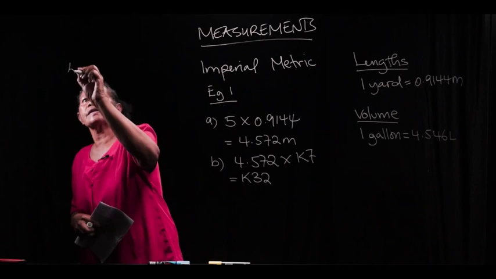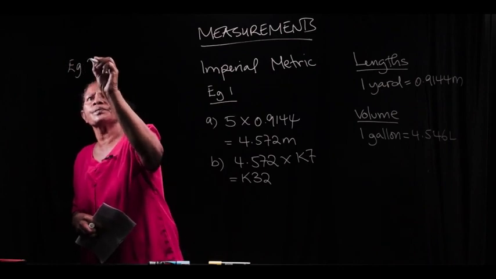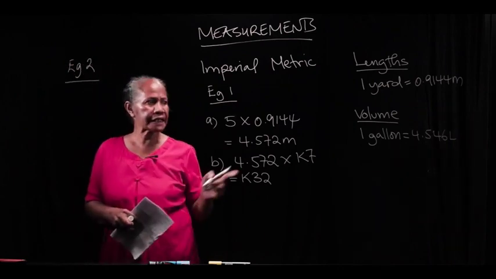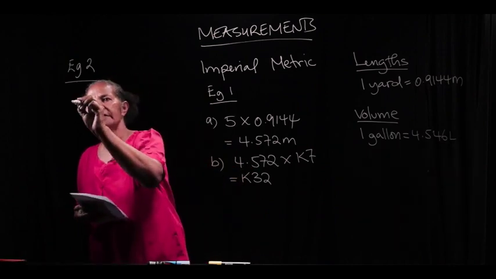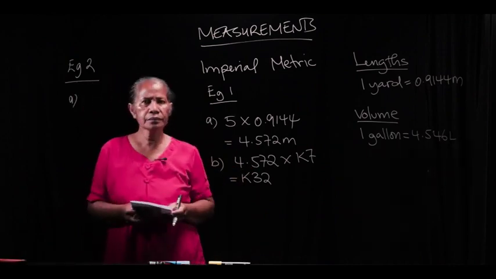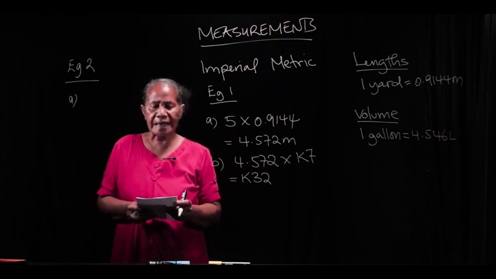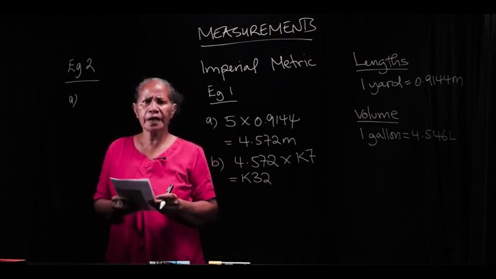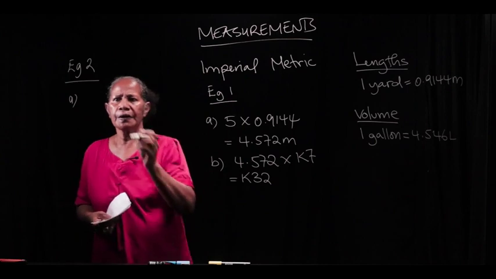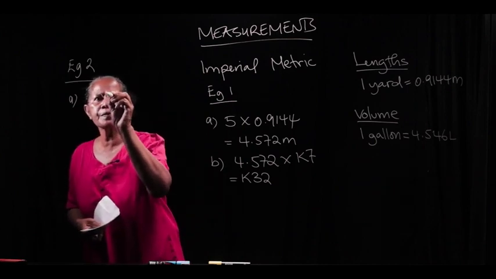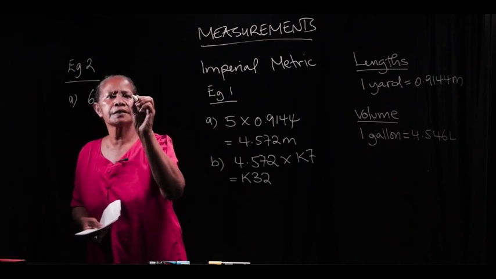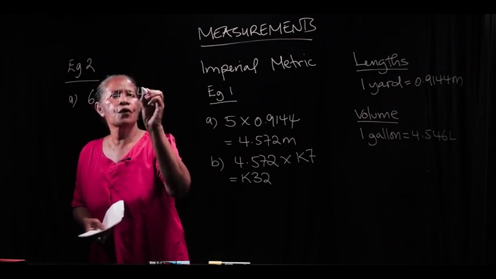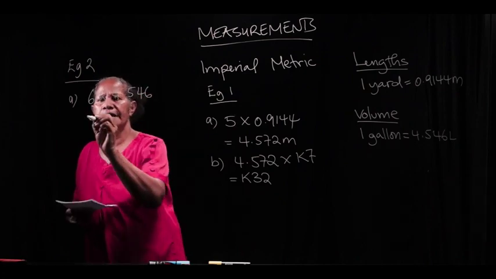So, example number 2, as I've stated, is based on volume. So I'm traveling to town. Let's look at the first one. How many liters is 6 gallons? It's a simple conversion. We simply get 6 times the conversion, 4.546.